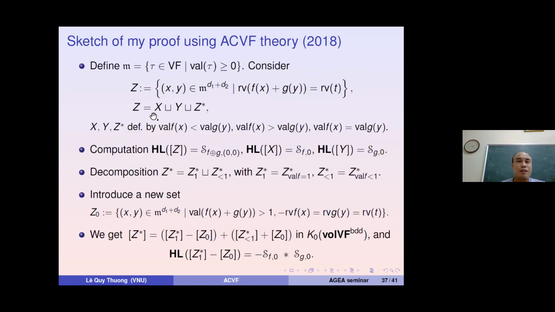So we decompose this as a disjoint union of X, Y, and this star with respect to the condition. And we compute easily that SL of the class of this is the left hand side of the identities. And SL of X and SL of Y are equal to the motivic vanishing cycles of f and of g respectively.